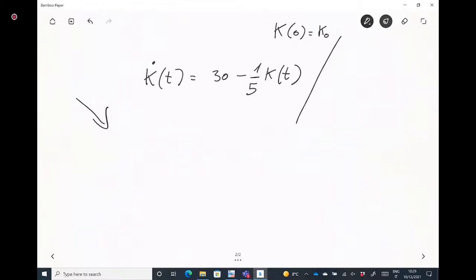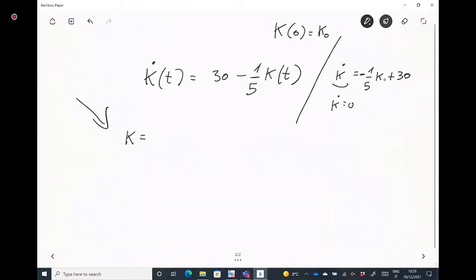So basically here we can write this as K dot is equal to minus 1 over 5 K plus 30. We can write down the solution in this way. K is equal to the initial deviation from the steady state, so we have to compute the steady state first, set this equal to 0.